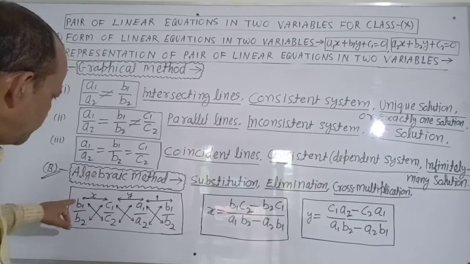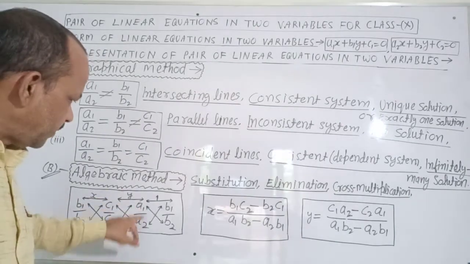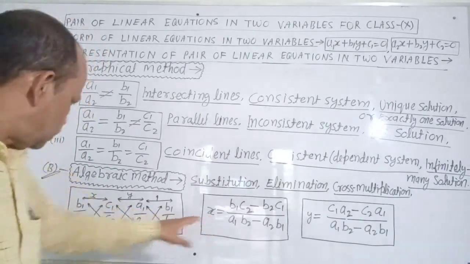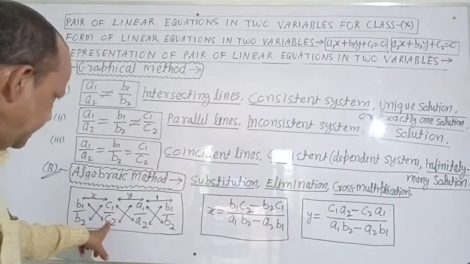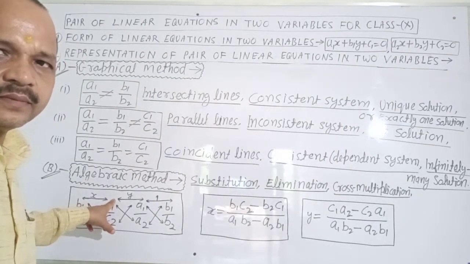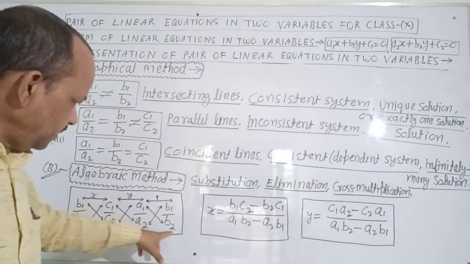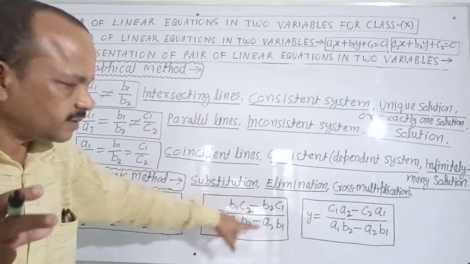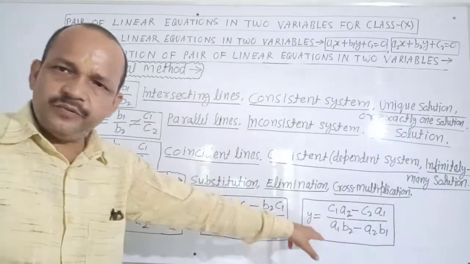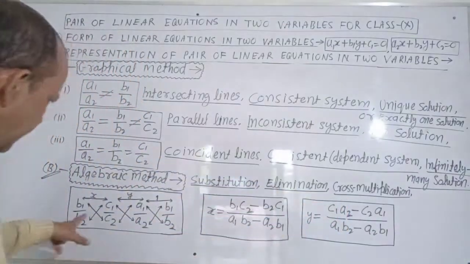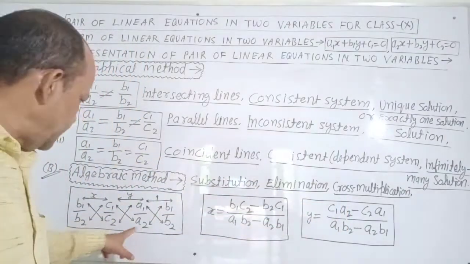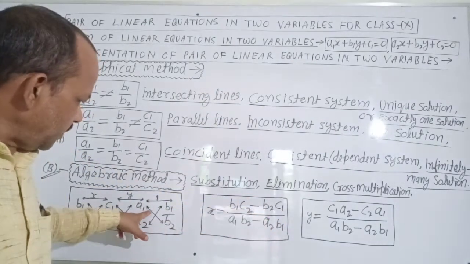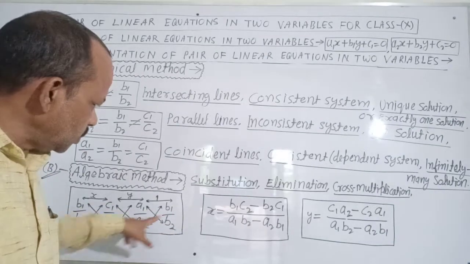You can find the value of x and y very easily by the help of this chart. Here b1 by b2, c1 by c2, a1 by a2, b1 by b2. Firstly, you write the value of x equal to b1 c2 minus b2 c1 upon a1 b2 minus a2 b1. It is clear? Now you can find the value of y equal to c1 a2 minus c2 a1 upon a1 b2 minus a2 b1.